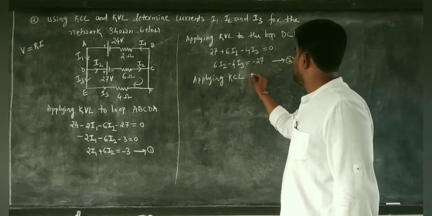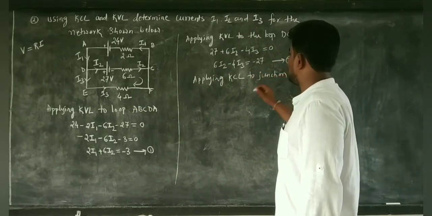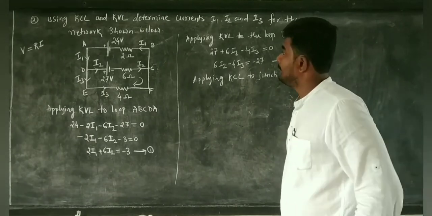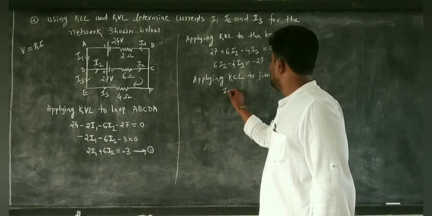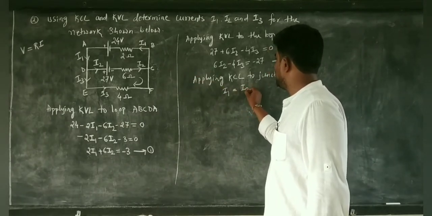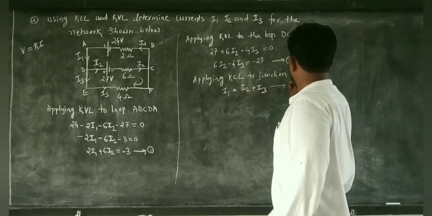Applying KCL to junction, only 2 junctions are there, junction at D. Current entering is I1, which must be equal to current leaving the junction, that is I2 plus I3. This is equation number 3.